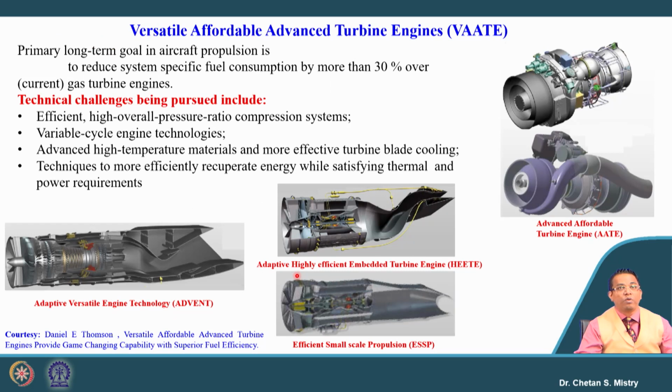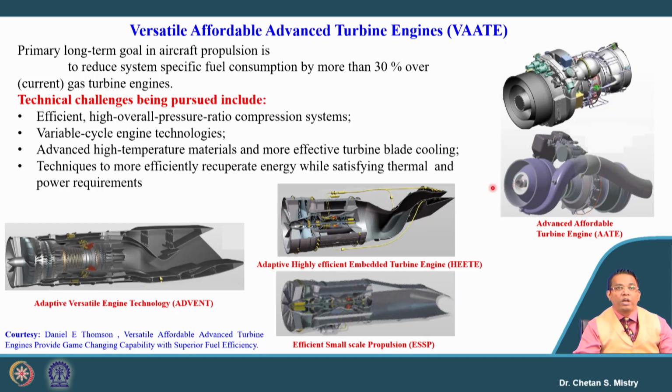So let's look at the ongoing projects in this configuration. The project is called ADVENT, Adaptive Versatile Engine Technology. There is also a project called Versatile Affordable Advanced Turbine Engine. Under that category, we have different ongoing research.